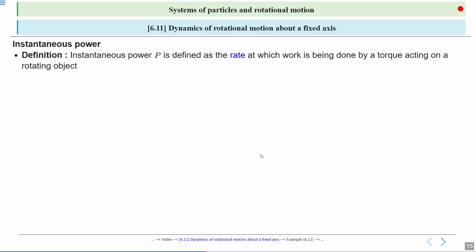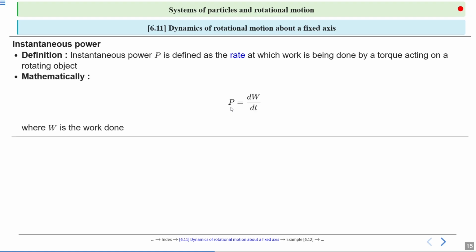So power means how fast work is done or energy is transferred. But instantaneous power is defined as the rate at which work is being done by a torque acting on a rotating object. Mathematically, P is equal to dW upon dt. This is for a whole time interval. All right.